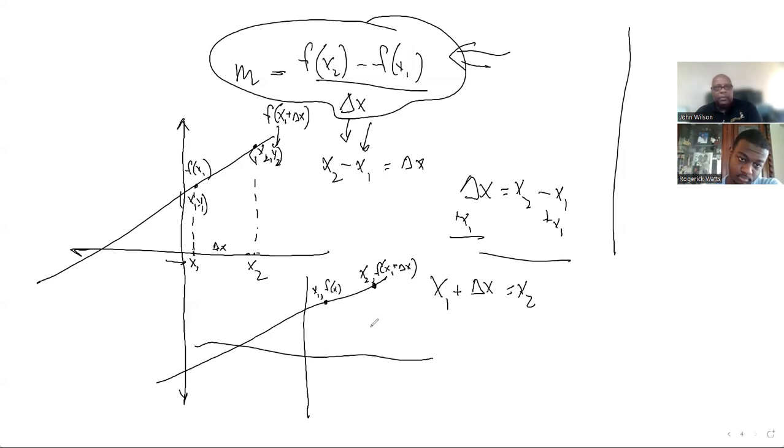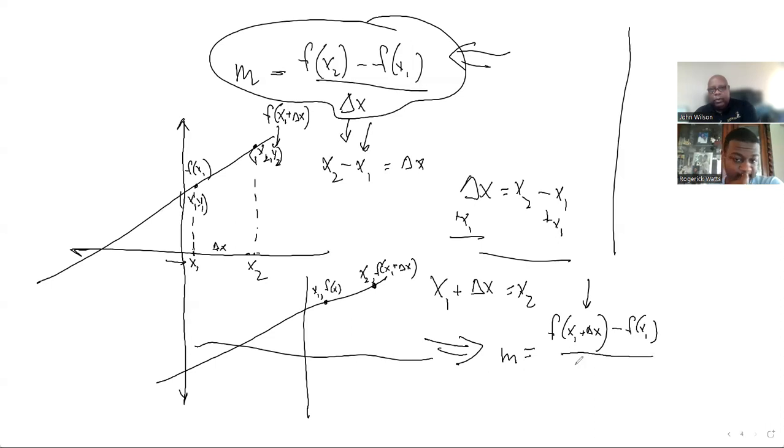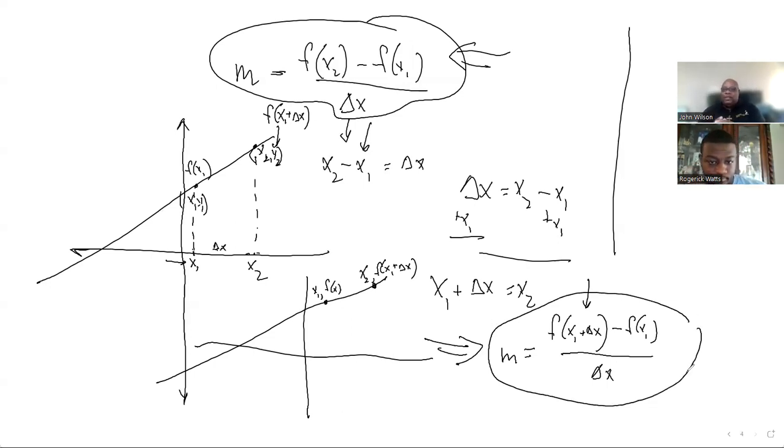If you do that, then the slope m is equal to f of x1 plus delta x, that's f of x2, minus f of x1, all over delta x. This is another way you could have done the derivative of a linear function.